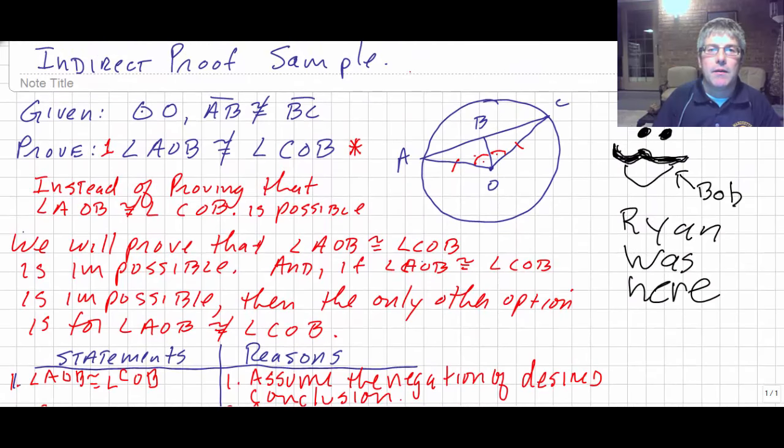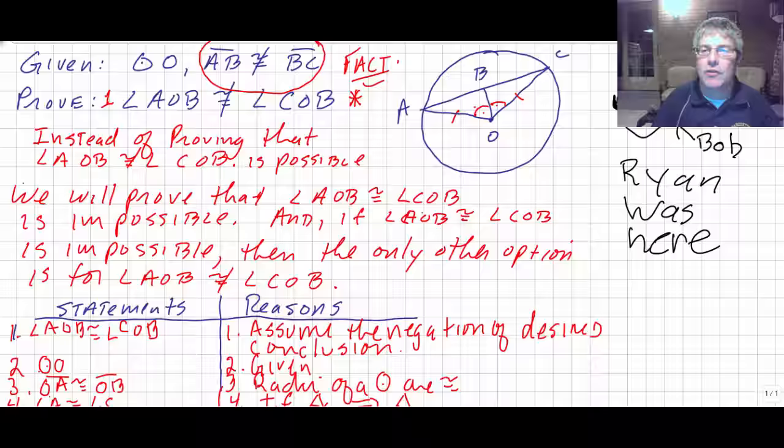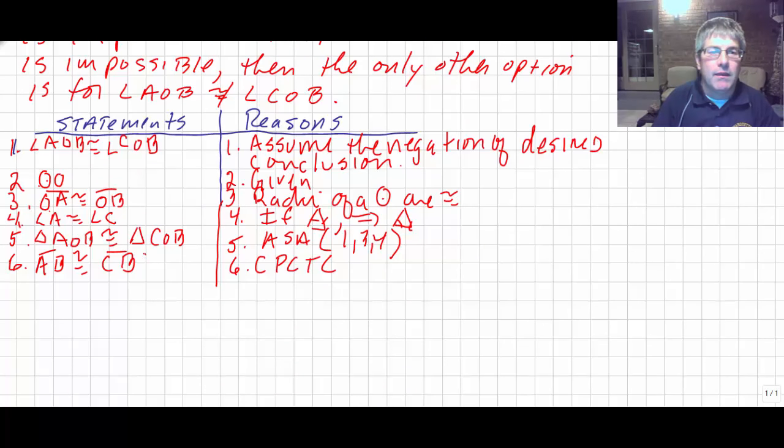That's a problem because it's given to us that AB is not congruent to BC. That's a fact. That's not what we're trying to prove. That's known. That has to be true. Well, that's our contradiction. This step right here is our contradiction. So contradiction has arisen. We violated a given. So we would say that this contradicts a given.